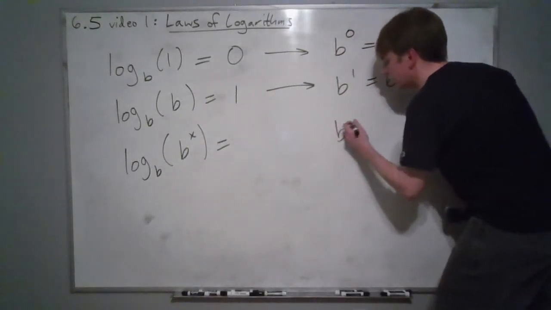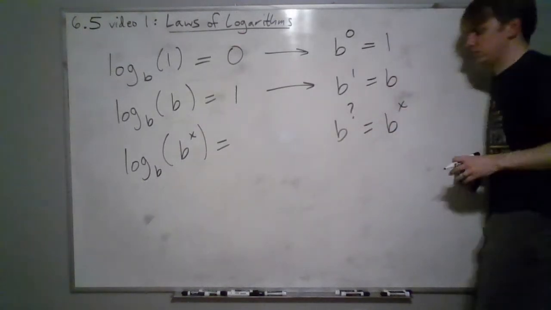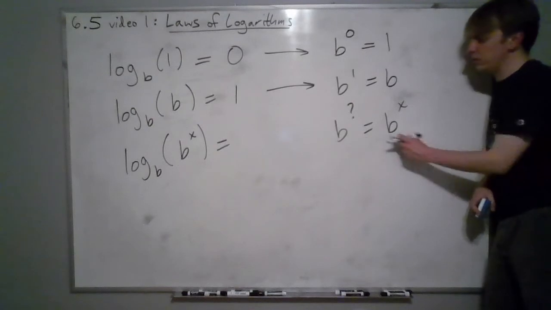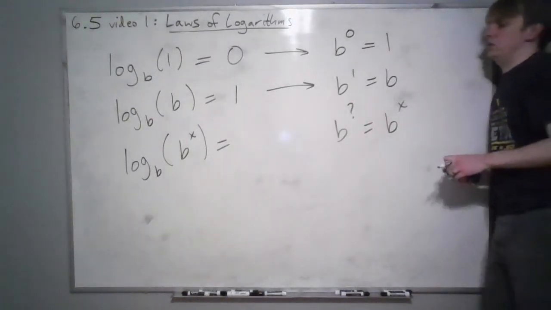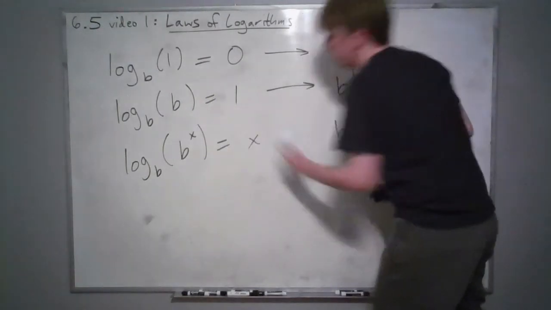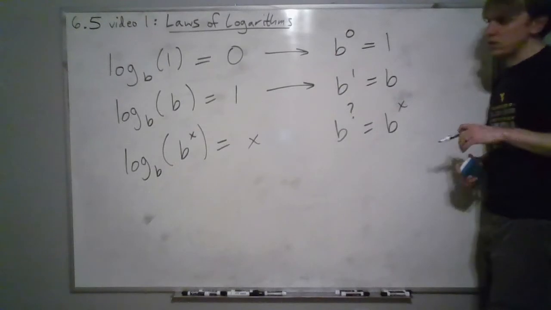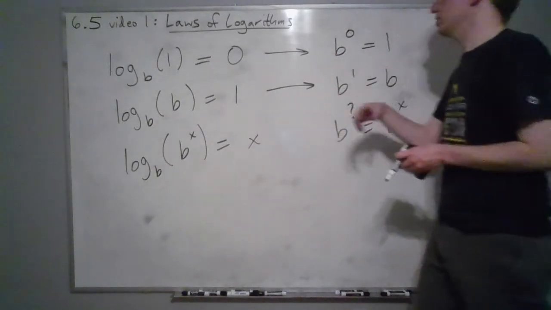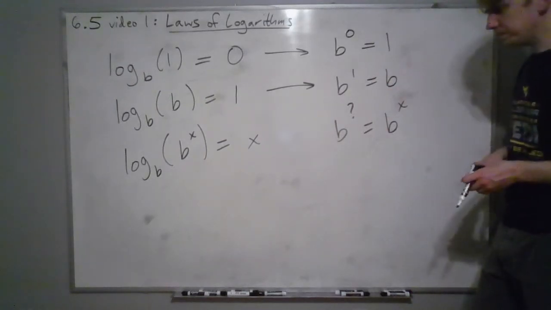And so we're thinking to ourselves, b to what power makes b to the x? And you should be able to spot that if these two things are going to be equal, then the question mark had better be the same as x. That actually looks like something we've seen before, though. We have a function with something on the inside, and the answer ends up being an x.